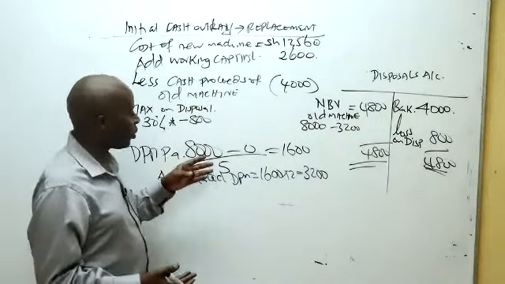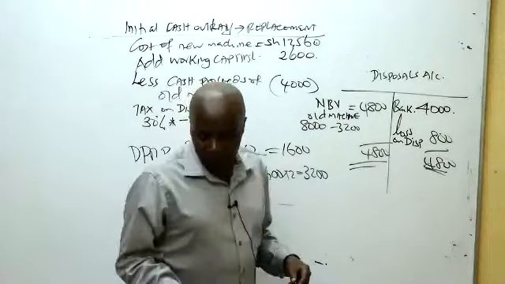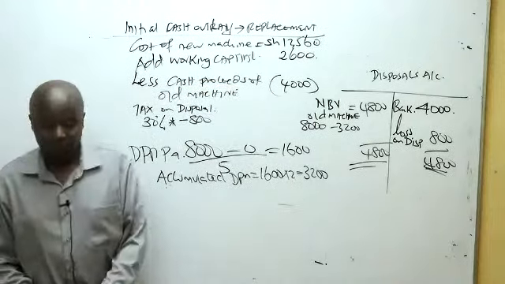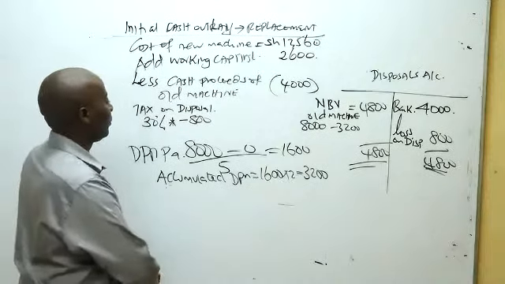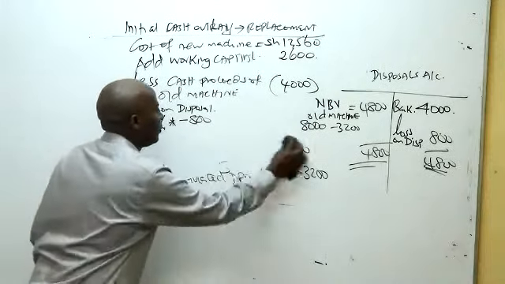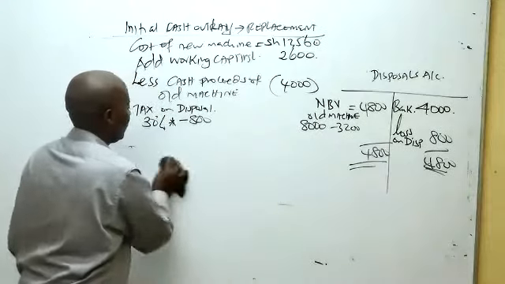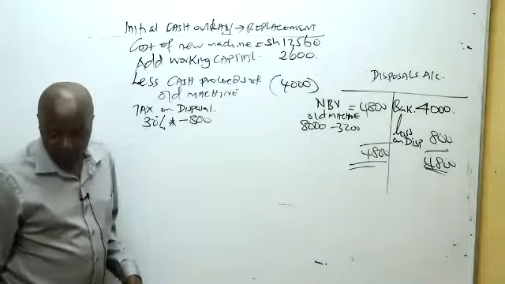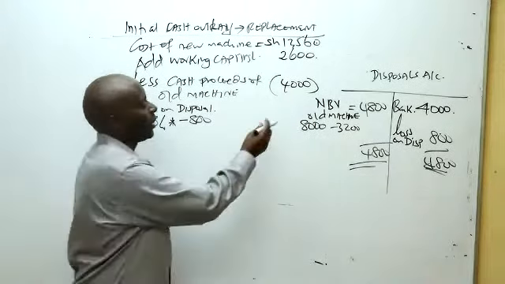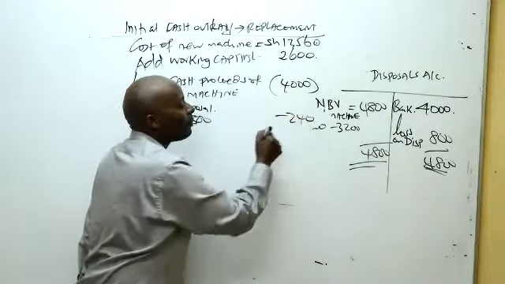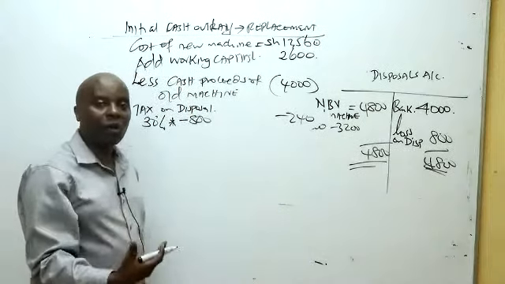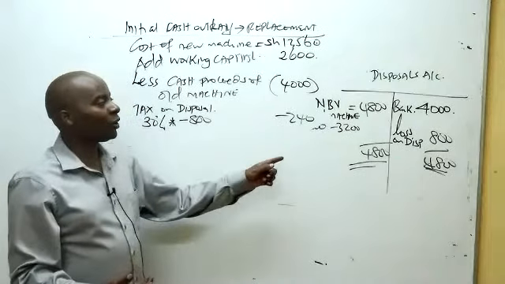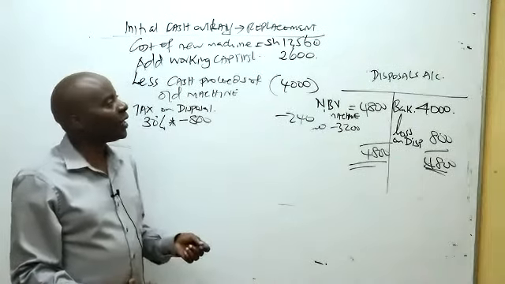So 30% of negative 800 gives us negative 240. So it's an income to the company because we have made a loss. We shall claim a tax relief on that loss from KRA, and that is it.